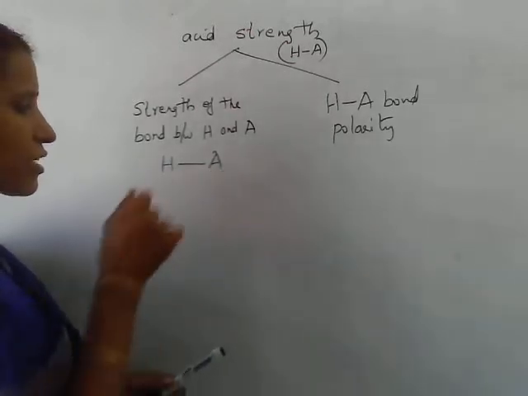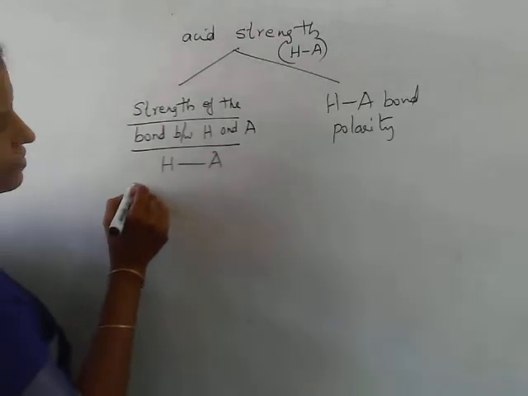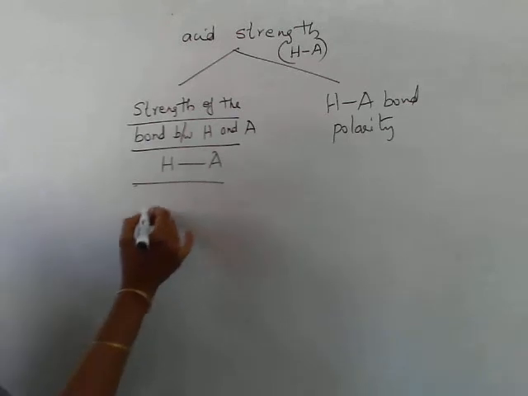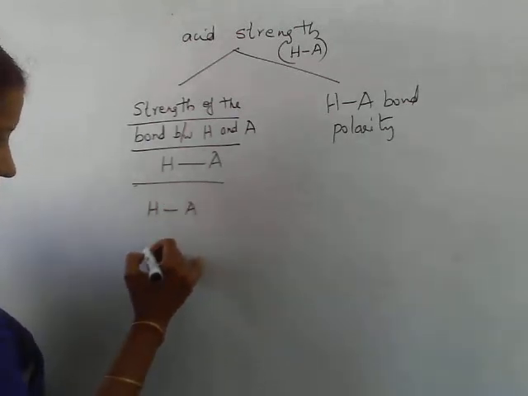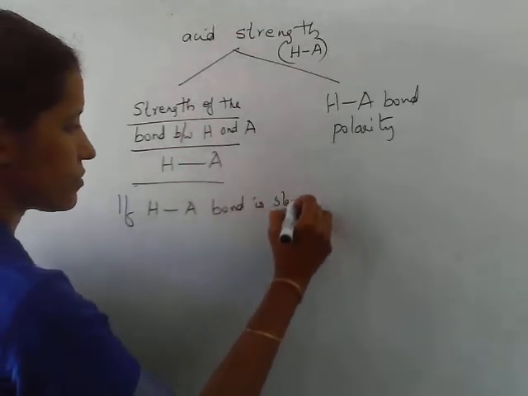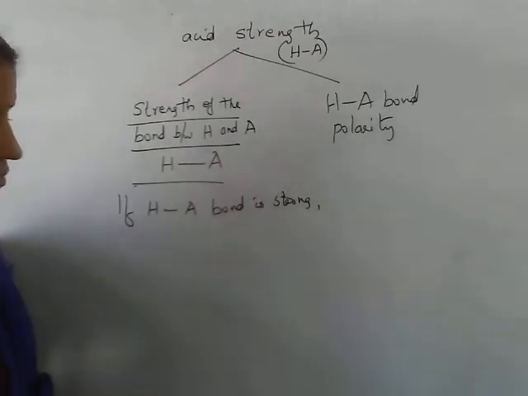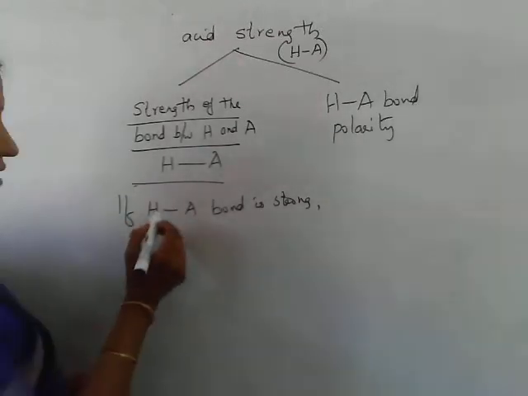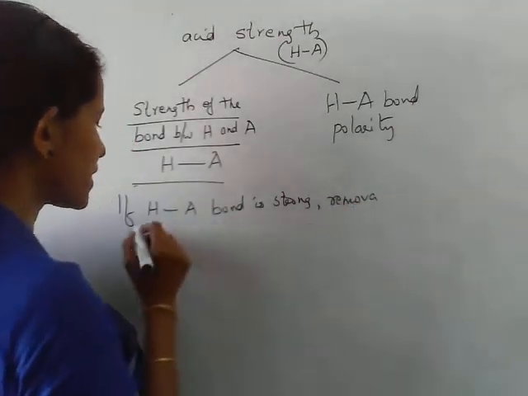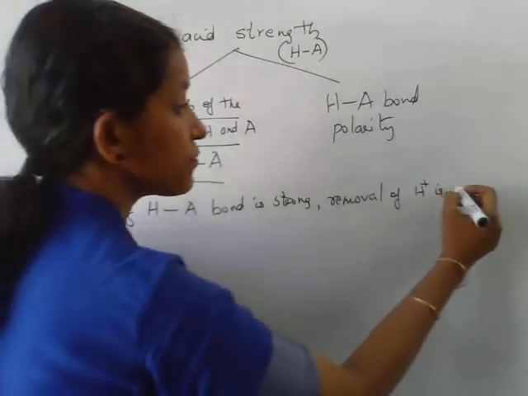First let us discuss the influence of bond strength on strength of the acid. If the HA bond is strong, the bond is difficult to break. So removal of hydrogen as H plus will be difficult, right? The bond is difficult to break, hence removal of H plus is difficult.